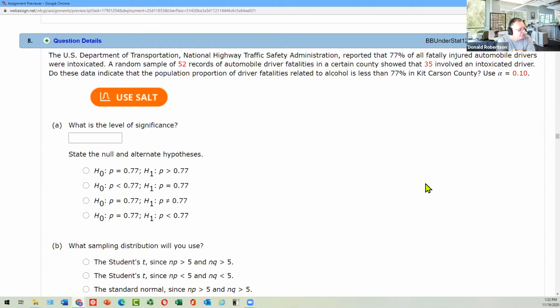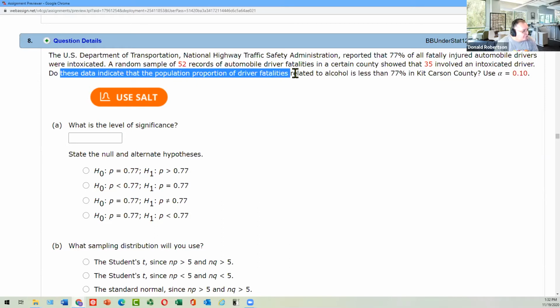In a certain county, they checked it, and out of 52 fatalities, 35 were intoxicated drivers. And we want to see, does this data indicate that the proportion is less than 77%?